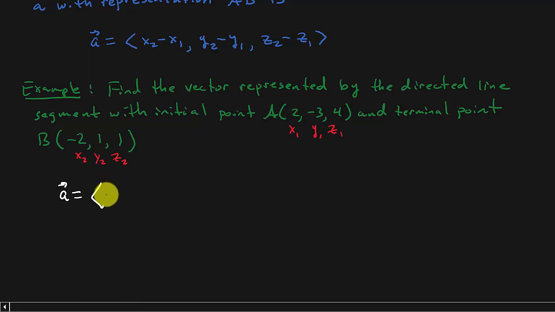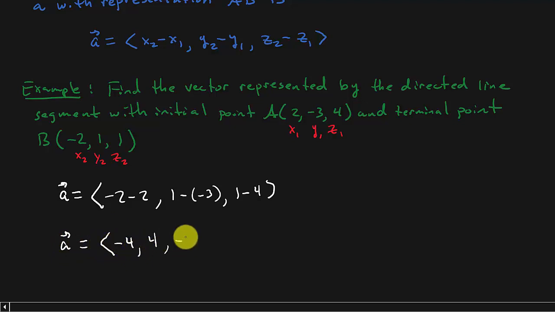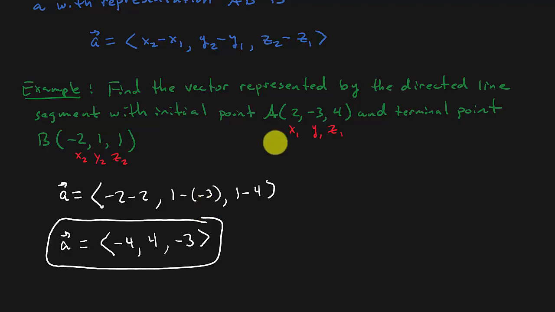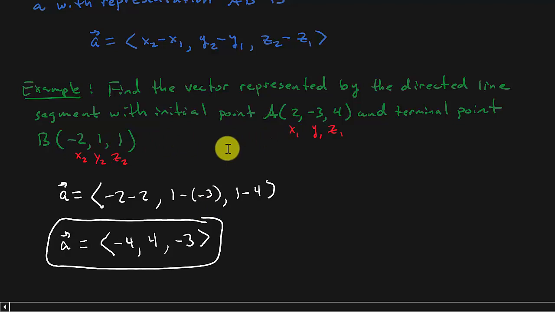So that's x2 minus x1, y2 minus y1, and z2 minus z1. That gives us <-4, 4, -3>, and there's your answer. That is the vector represented by those 2 points.